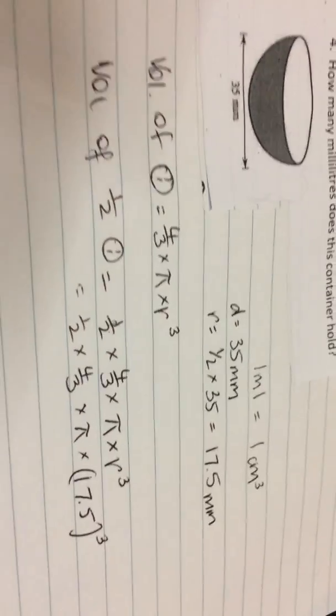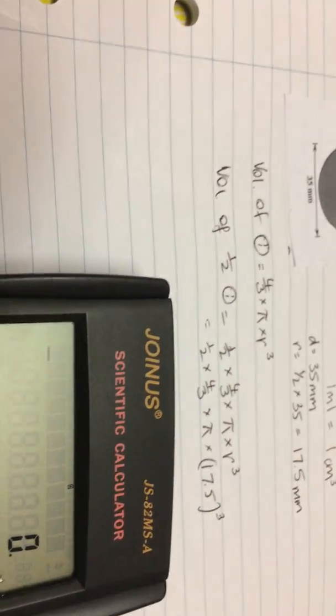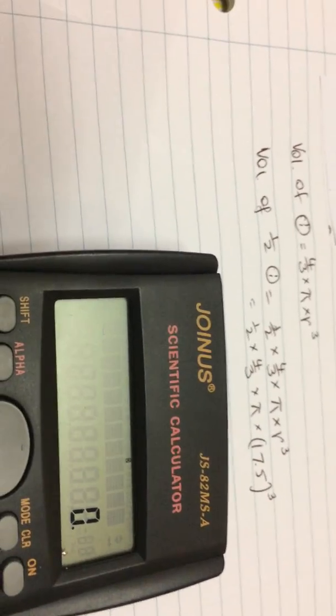So I'm going to put that into my calculator and show you, just make sure you know how to do that. Over here is my fractions button. I hope you can see it. It's got A and then B/C on it.